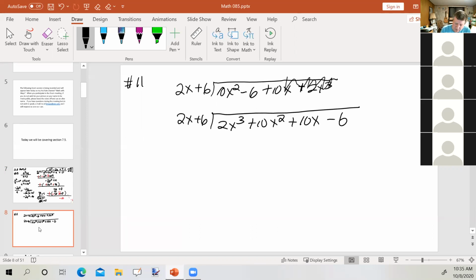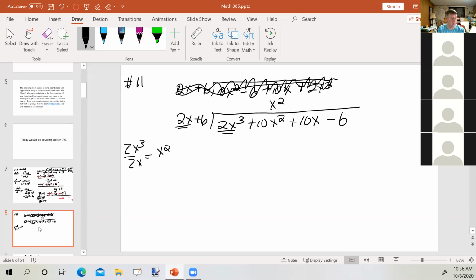Okay, so I'm rewriting it so that the numerator and the denominator, the dividend and the divisor, are in standard form or descending powers. Now we will proceed as we did in the previous problem. Leading term divided by leading term. 2x cubed divided by 2x is x squared.